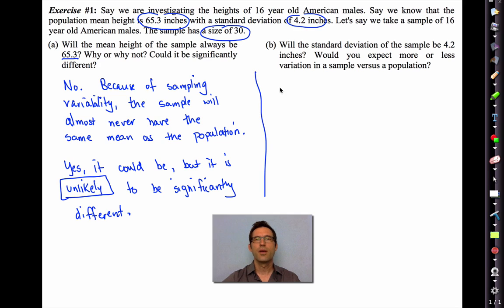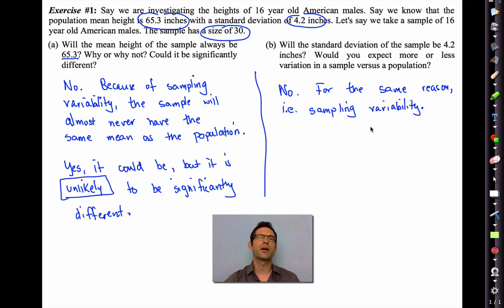Okay. So again, answering the first question, no, for the same reason, i.e. sampling variability. All right. Now, how about would you expect more or less?